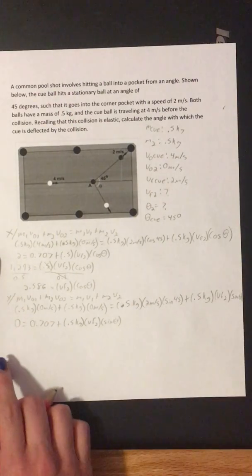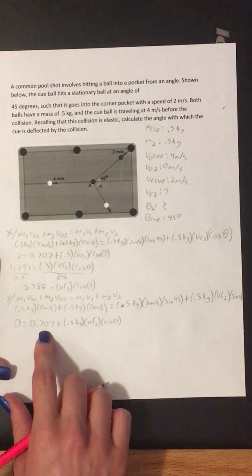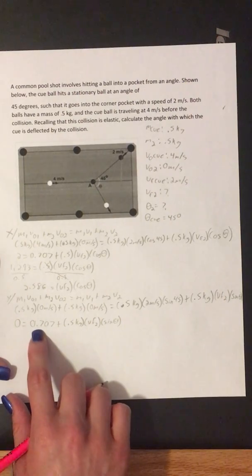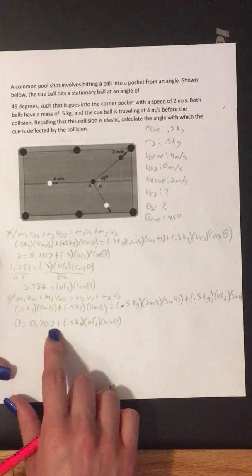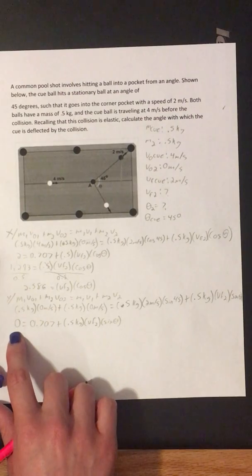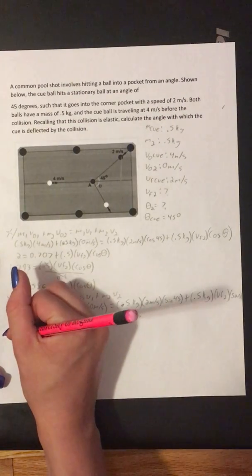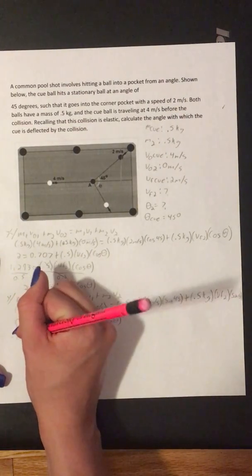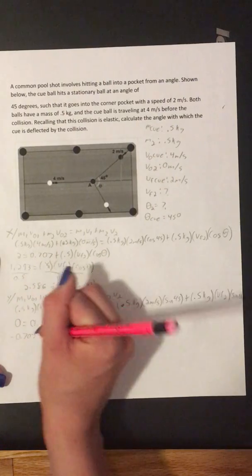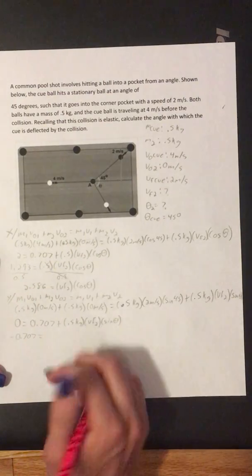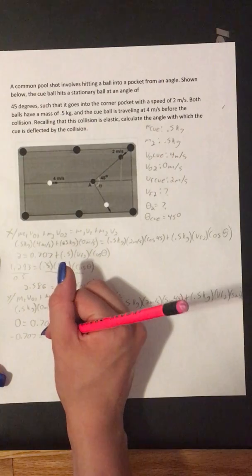Okay. So now again we can see that we can move the 0.707 over to where the 0 is. So it equals minus 0.707. And we have to leave this again as it is for one more step.